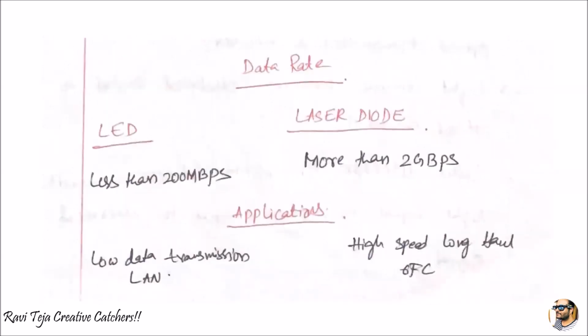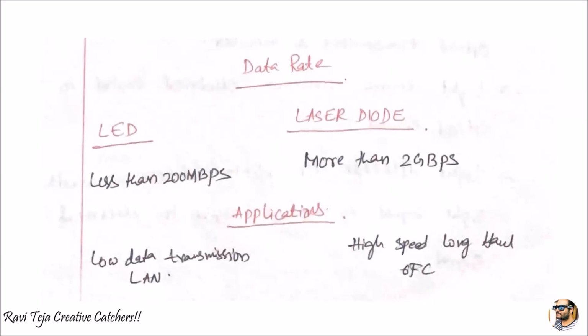Coming to the data rate, if you are transmitting data using an LED, you can transmit less than 200 Mbps. The laser diode is a more efficient way to carry out optical fiber communication, so more than 2 Gbps can be transmitted using a laser diode.